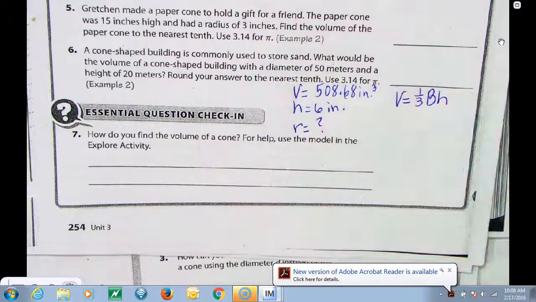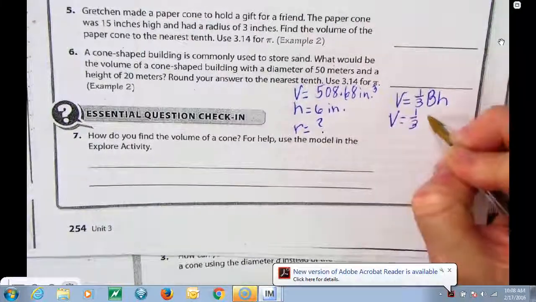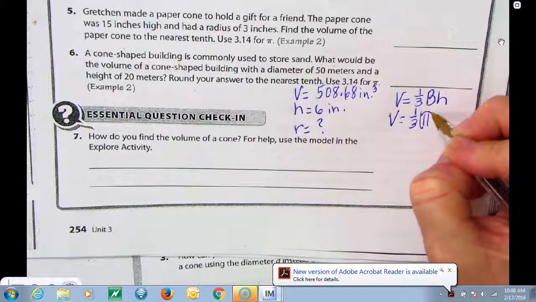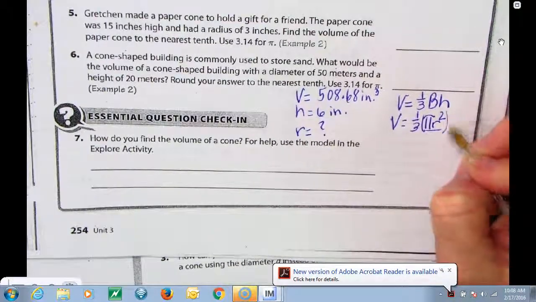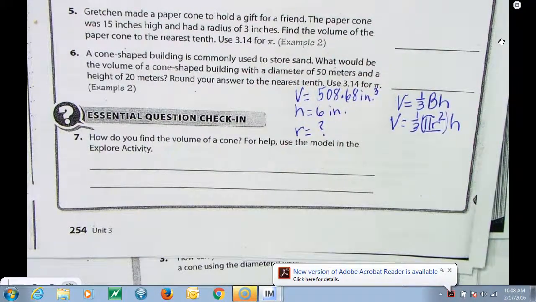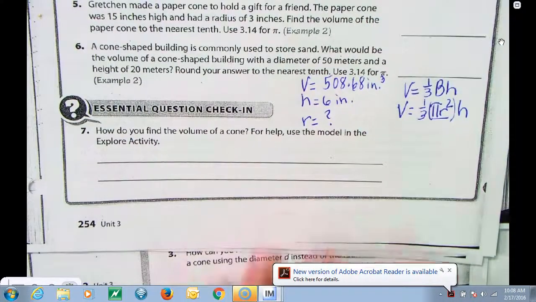Tell me what to write. No, not yet. Pi r squared times the height. And now we need to follow it to see how to get r over there.